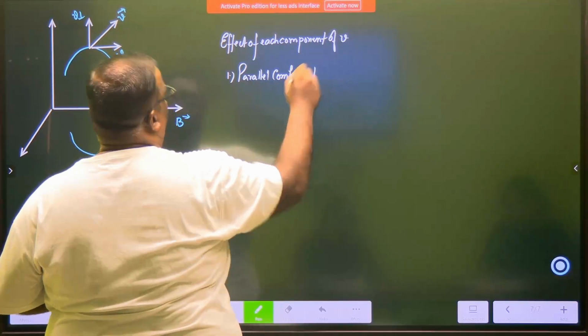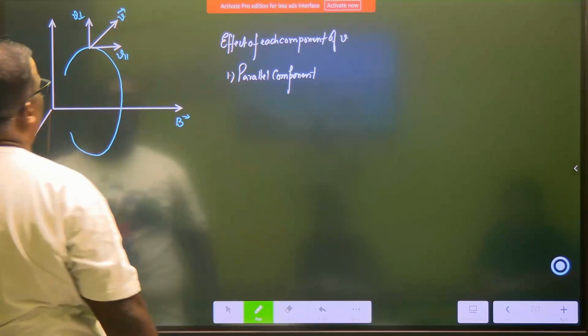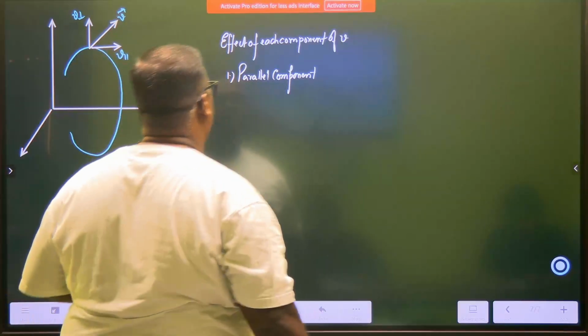Did you understand what we did? We took the velocity at any angle with B, so we are seeing the parallel component.